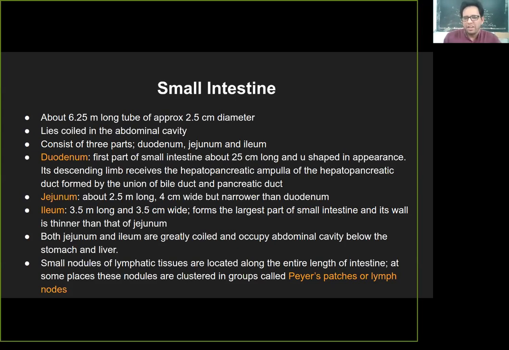Its wall is thinner than that of jejunum. Jejunum has a thicker wall. Like I mentioned, the food has to get mixed with the hepatopancreatic secretion, and on top of this, it will have gastric secretion. All these three different secretions have to get mixed with the food, so that whatever pulp was formed in the gastric region gets broken down further so that the absorption is easier.